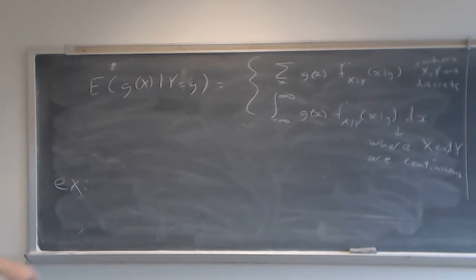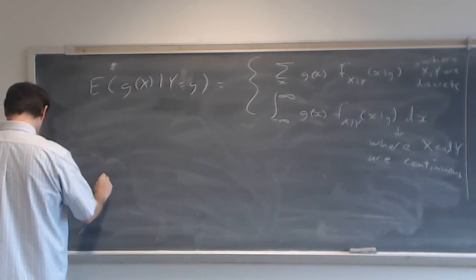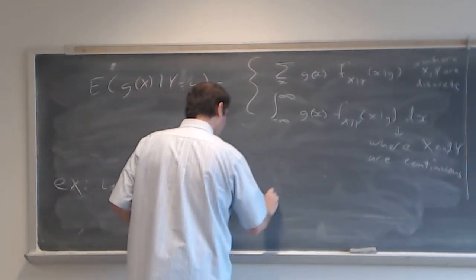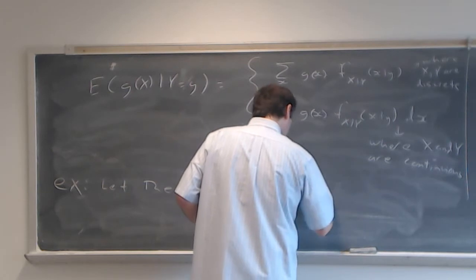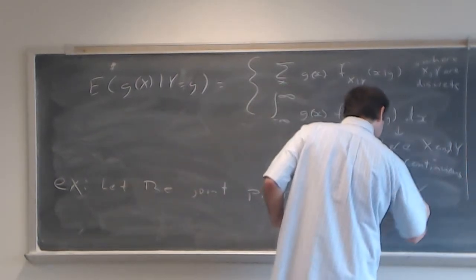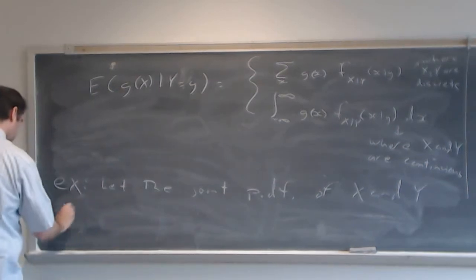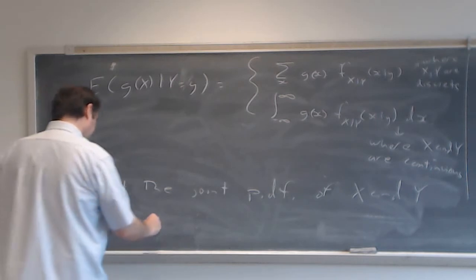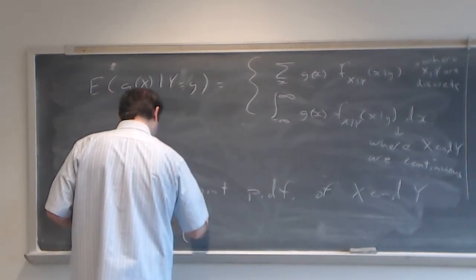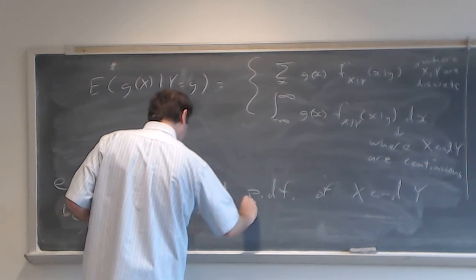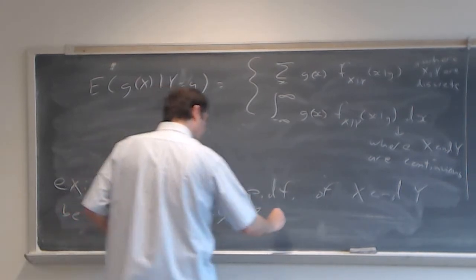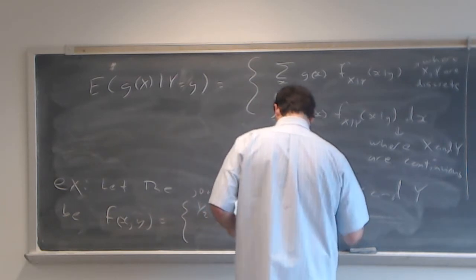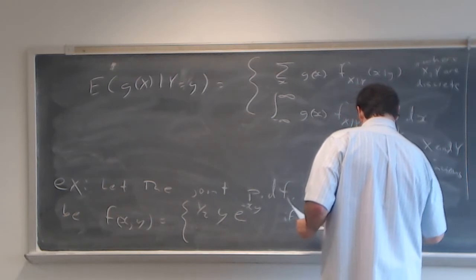So as an example, let's let the joint PDF of X and Y be f of x comma y, and it's going to be equal to 1/2 y e to the minus x y if 0 is less than x is less than infinity, and 0 is less than y is less than 2.